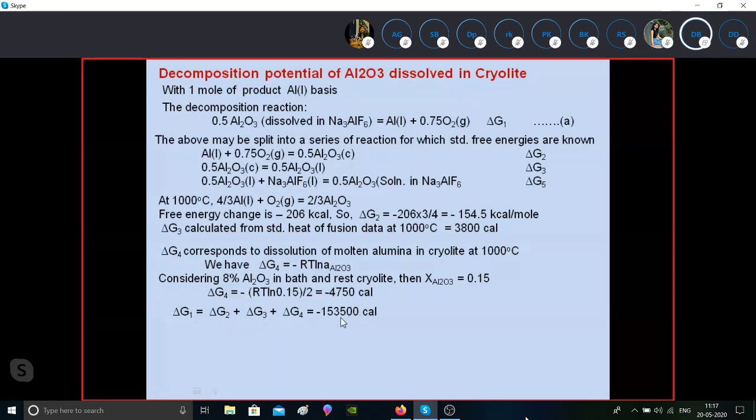So delta G1 is equal to negative 153,500. And Faraday's law, you know Faraday's law, delta G is equal to minus ZFE. This is the only thing I am using from electrolysis. This is known to you?